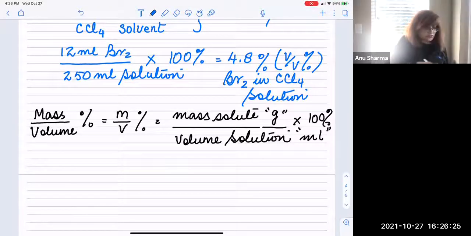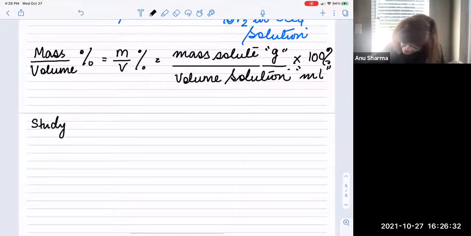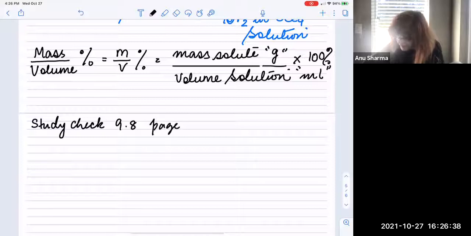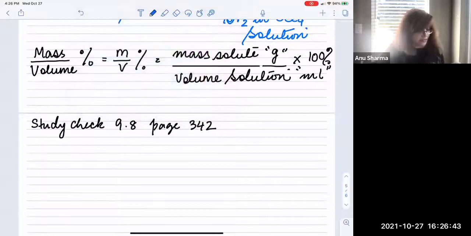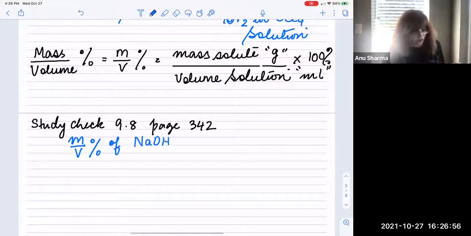All right, so 9.8. So let's do this problem. 9.8 study check, and this is page 342. So how do you do this? So in this case, what is the mass by volume percent, M by V percent, of sodium hydroxide, NaOH?